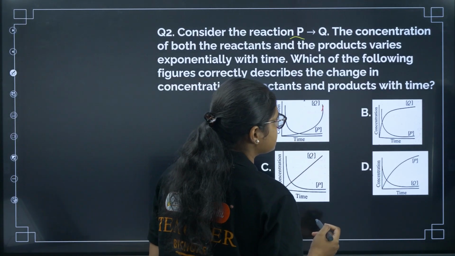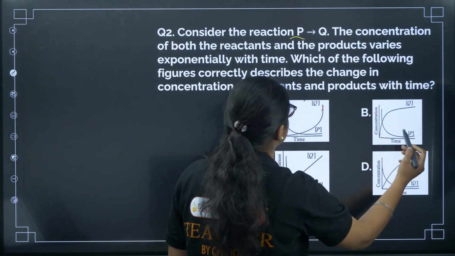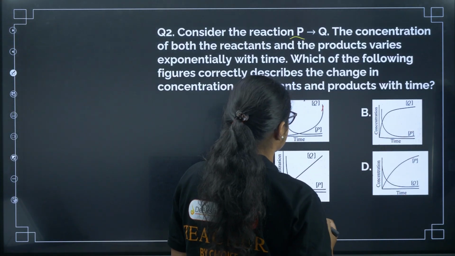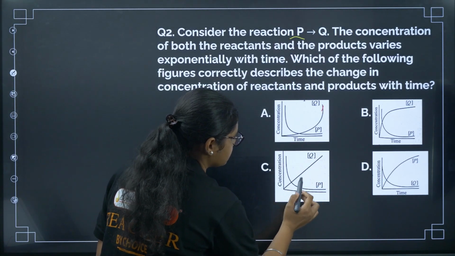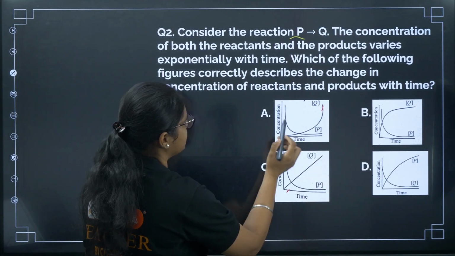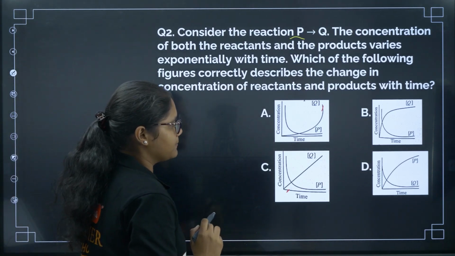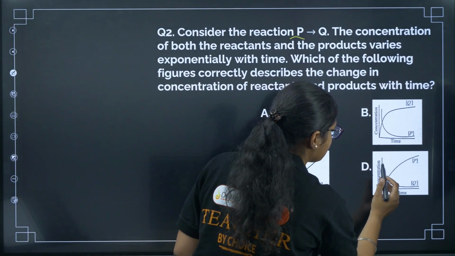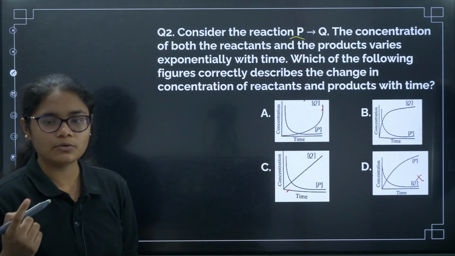Now coming to the next one, option number B. Here what is happening? P concentration is decreasing, Q concentration is increasing. Yeah, this is also correct. Now if you see here, the graph for Q is not exponential, right? But in the question it was given it is varying exponentially with time. Okay, now if you see here, Q concentration is decreasing. That cannot be there because Q concentration has to increase.